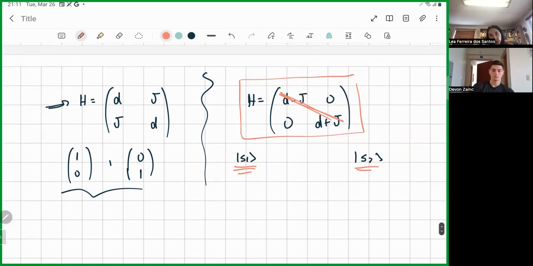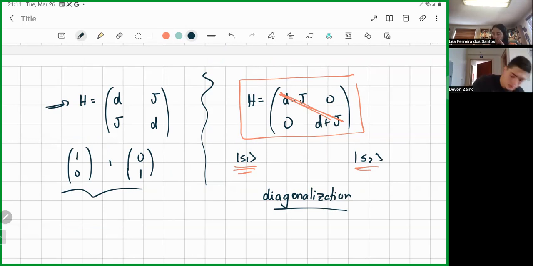So this procedure of solving Schrödinger's equation, of finding the eigenvalues, is what is known in linear algebra as diagonalization. It's like a rotation of this matrix to put it in a diagonal form. And what basis guarantees that? The eigenstates of the Hamiltonian.